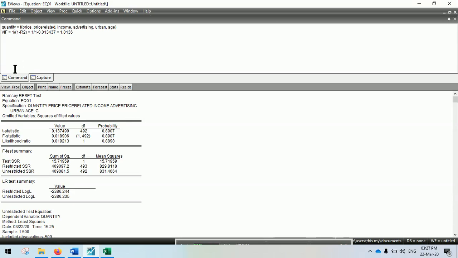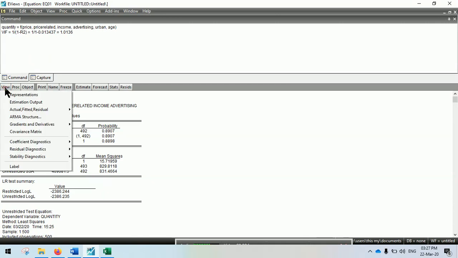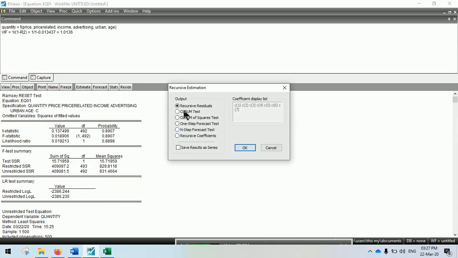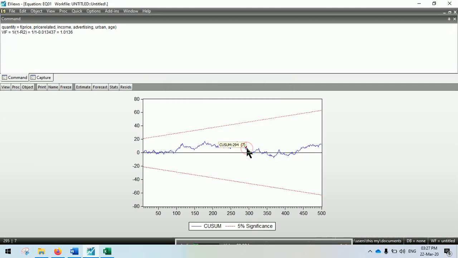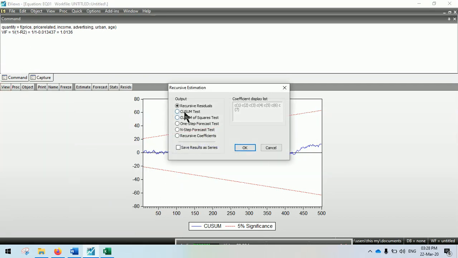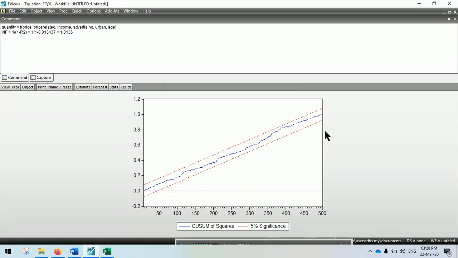Now I still have another test for stability. View, stability diagnostic, recursive estimates, and I put custom test, and you can see this blue line should not pass or go beyond the red one. So my model is stable. Again for the second, the CUSUM of squares test, you can see also the blue line is between the red lines, so it is not over.